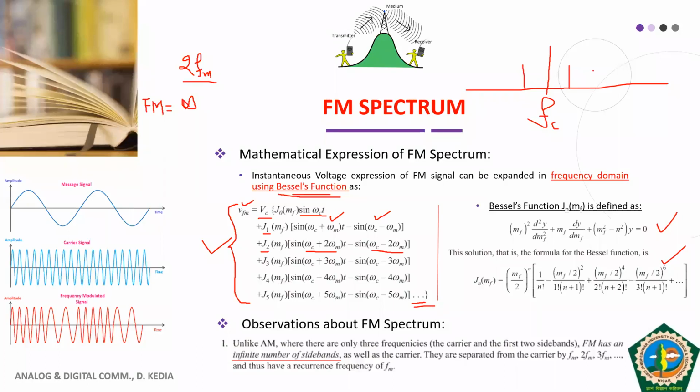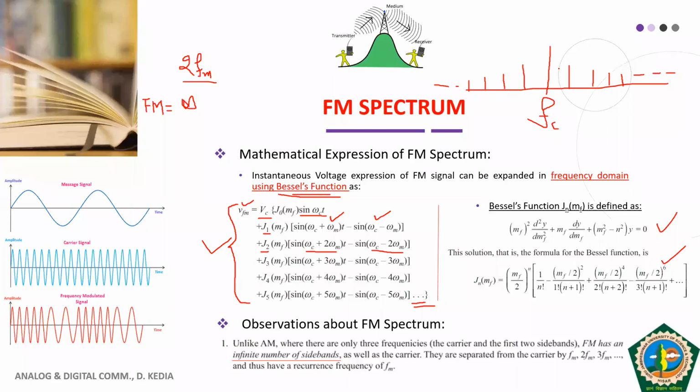Then we may say this is Fc plus 2 Fm, then Fc minus 2 Fm. Then Fc plus 3 Fm, then Fc minus 3 Fm. Then Fc plus 4 Fm, then Fc minus 4 Fm. And it goes on like this on both sides. So this is how we represent these Bessel coefficients.